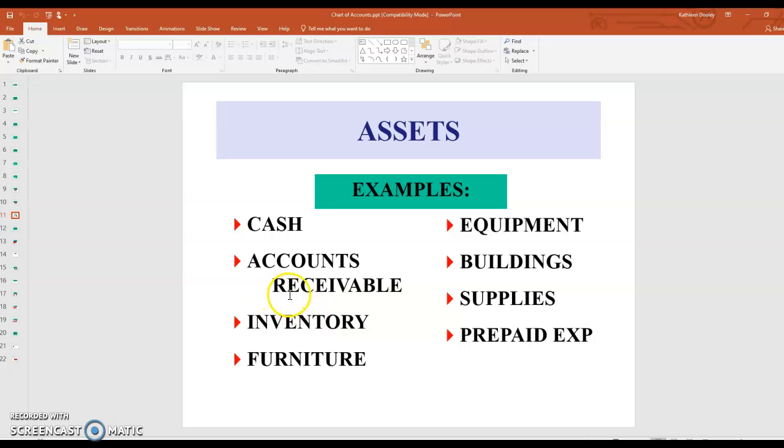Now let's quickly run through. We already mentioned cash. We'll talk about accounts receivable in a minute. And we talked about inventory. Furniture and fixtures are things that are in the store, typically, or the office, if we have an office building.